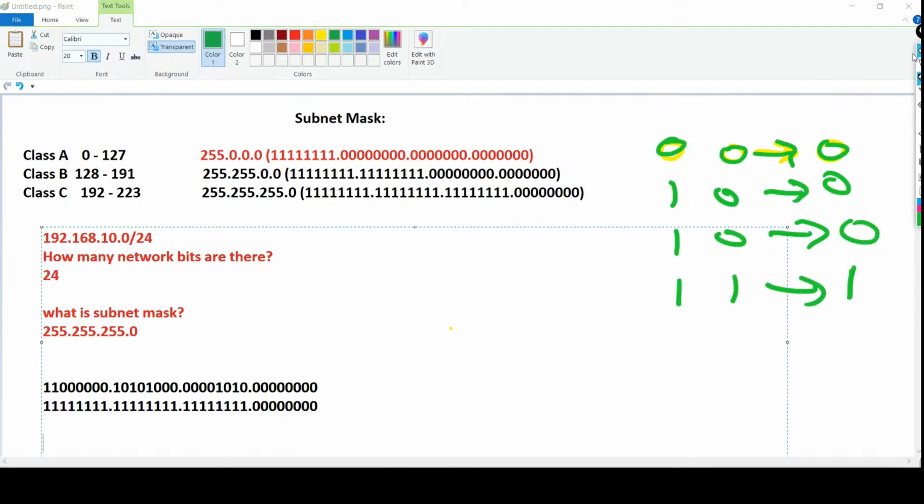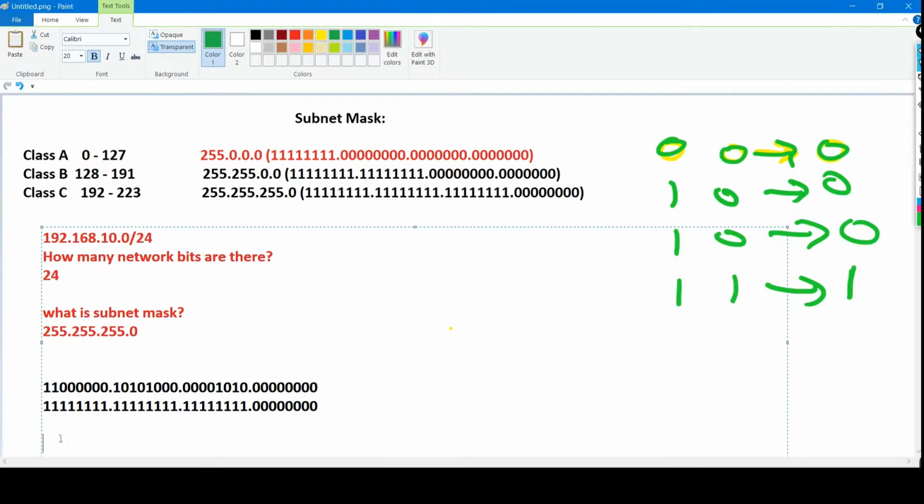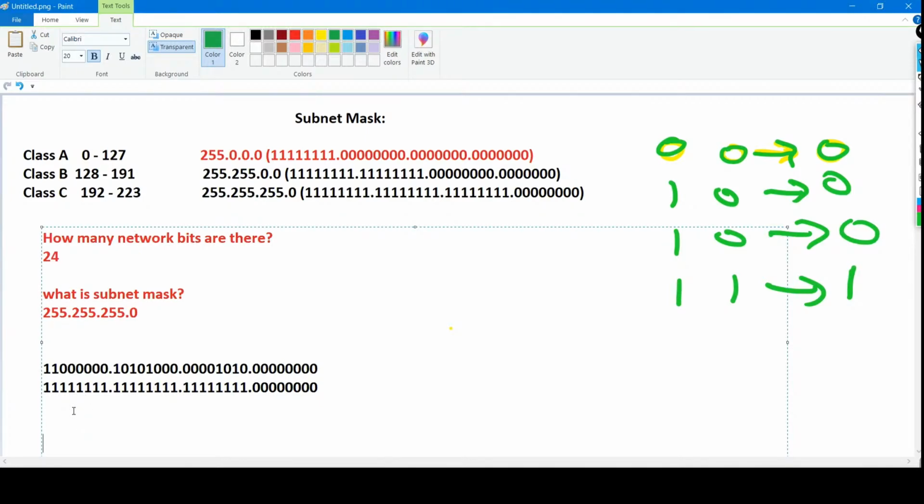So tell me what output the machine will calculate after performing the AND operation.